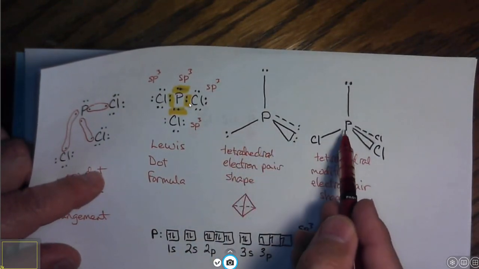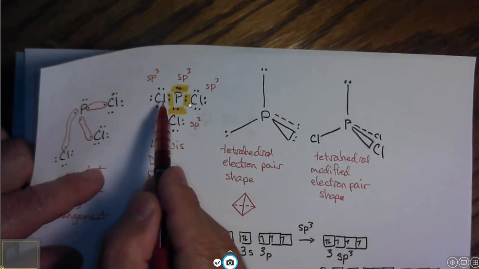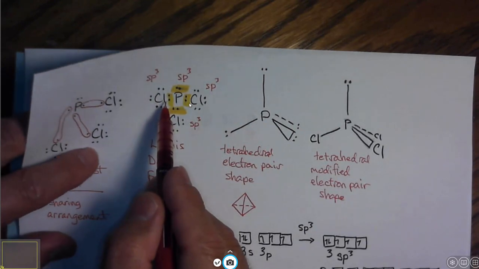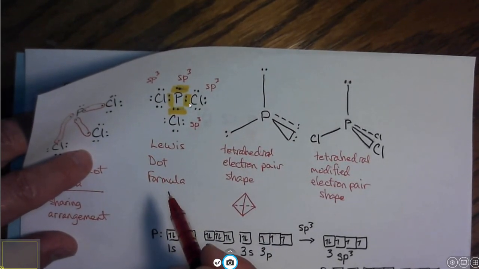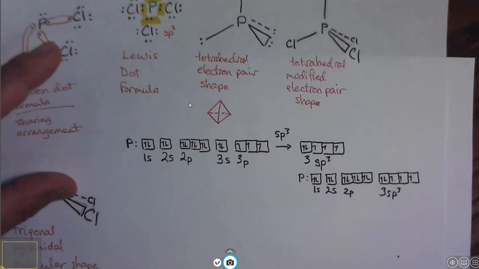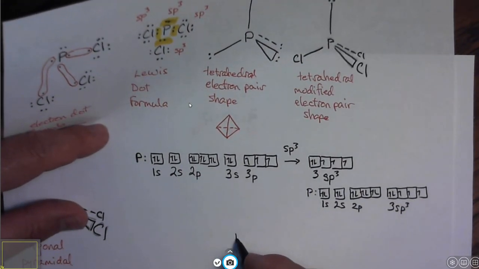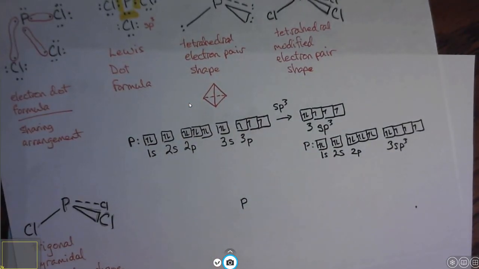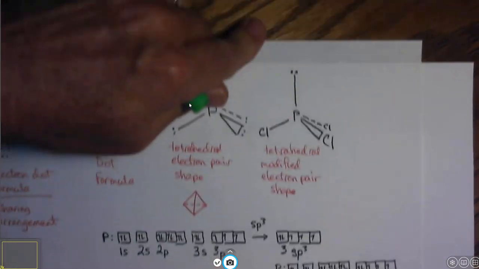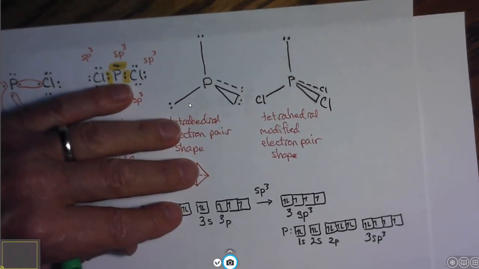So this is a single bond. We're talking about the shapes now, what kind of bond is a single bond? Sigma. Okay? So between the phosphorus and the chlorine, if I'm sharing just 2 electrons, I've got to have a sigma bond. So this bond here is a sigma bond.